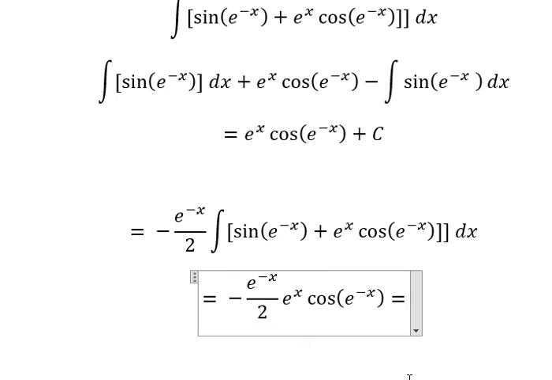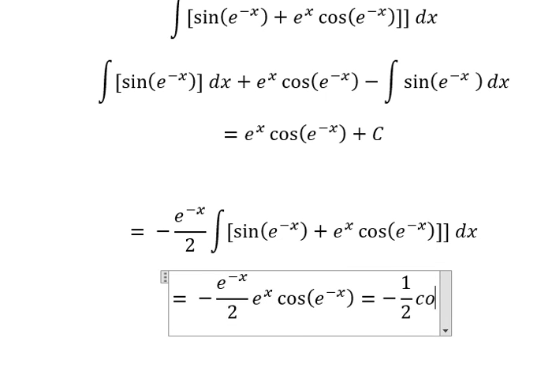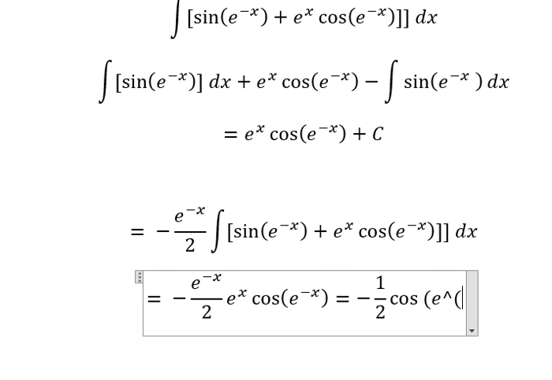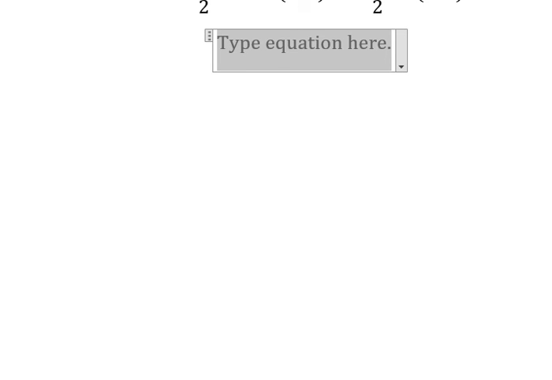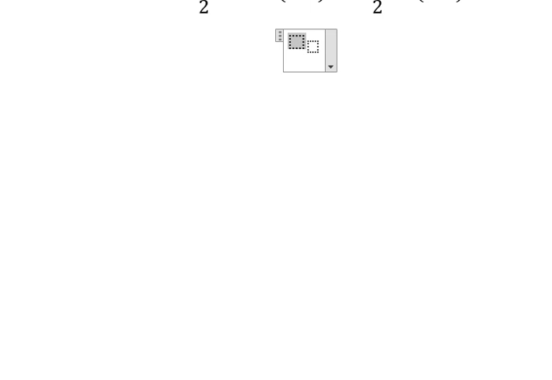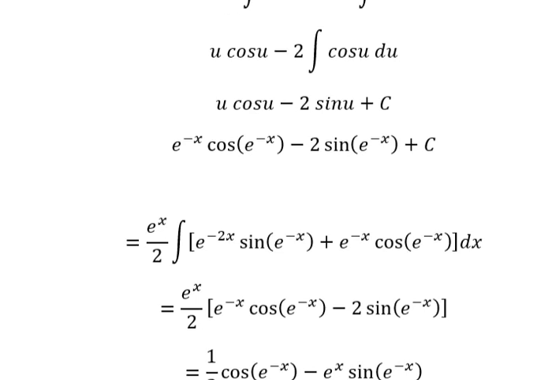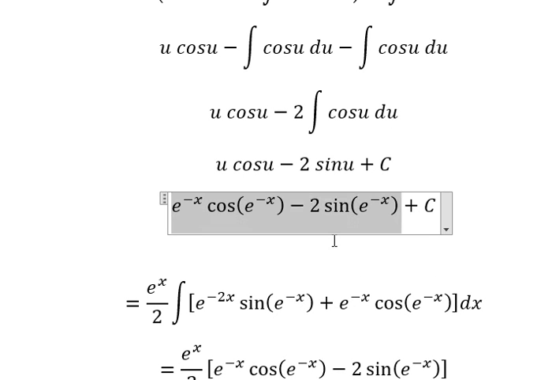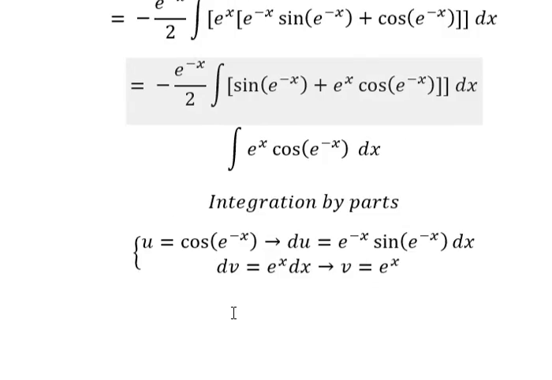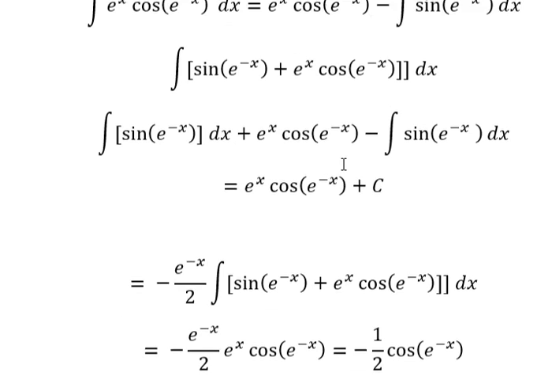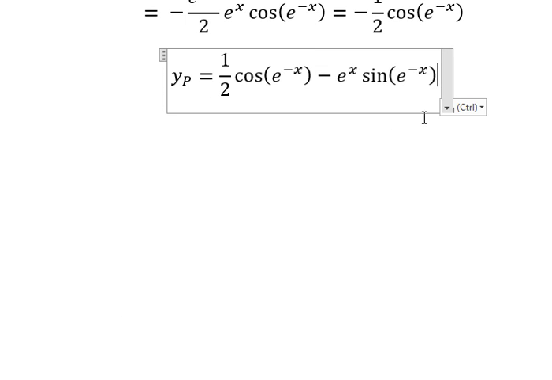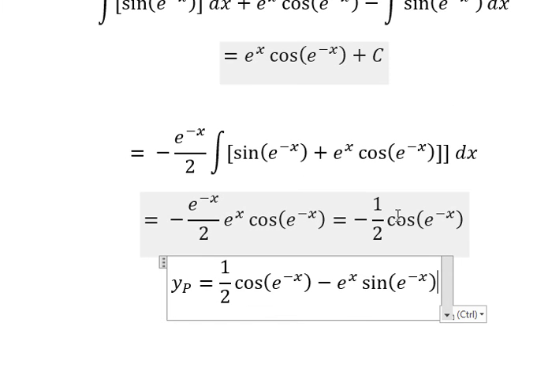And now we simplify. And now we simplify with the first one. So we have yb equals this one, this one in here, and this one in here.